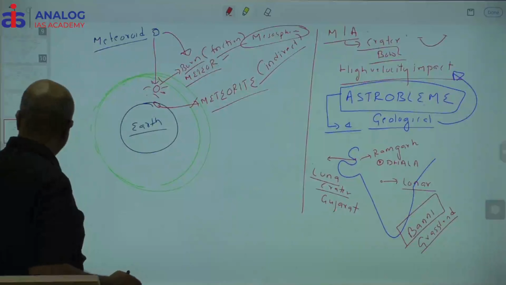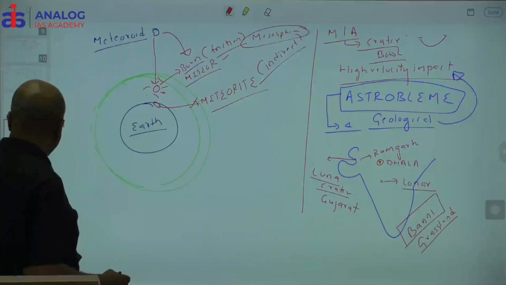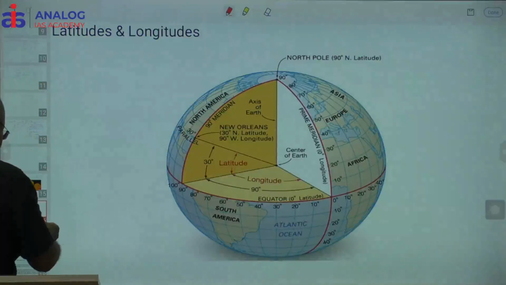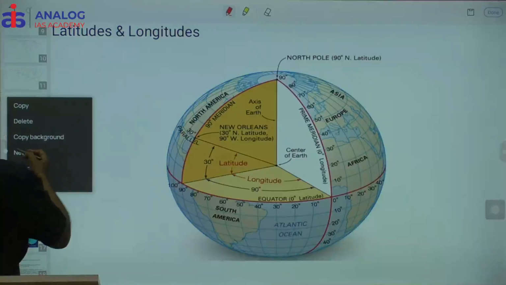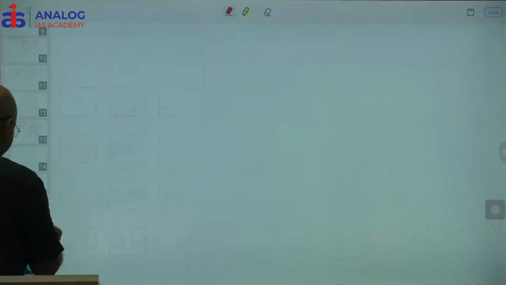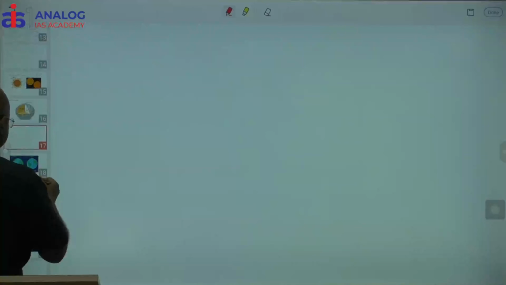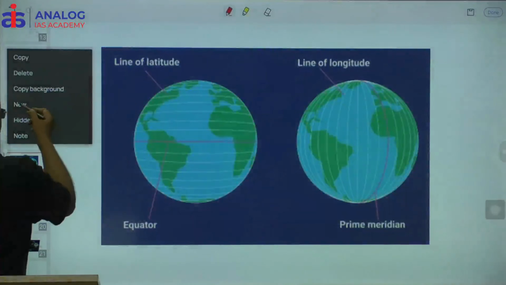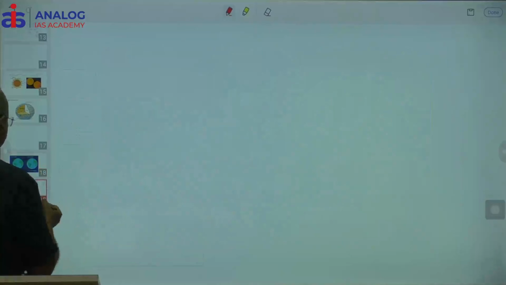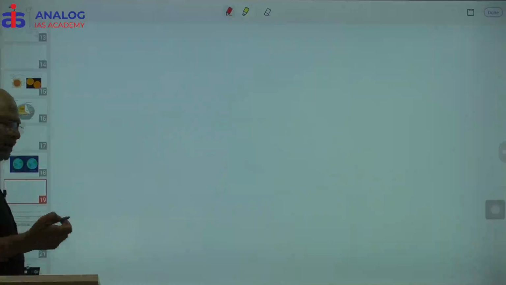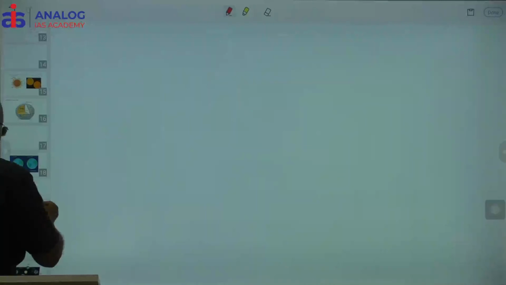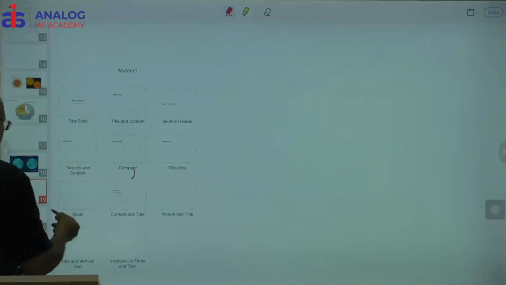So next we move on to something called latitude and longitude. So another 5 or 10 minutes of this. Many questions are asked on latitude and longitude, and sometimes when you talk about the day and night, every year you will find questions.